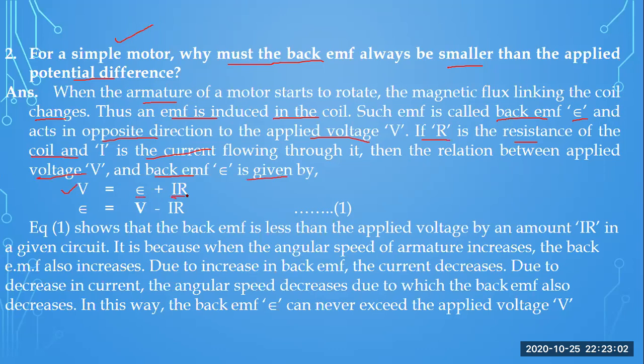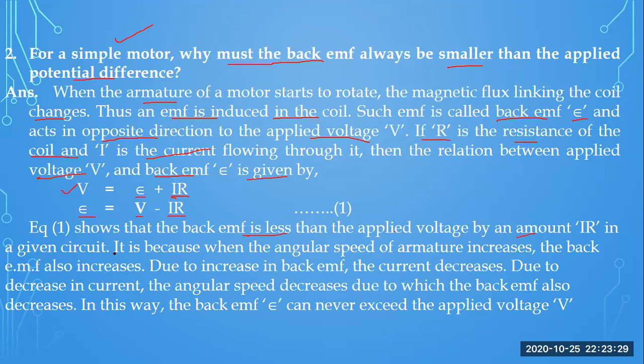So this back EMF is equal to the difference of the potential applied and the energy consumed in the form of potential. Equation one shows that the back EMF is less than the applied voltage by an amount IR in a given circuit.